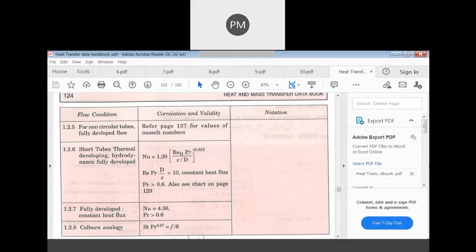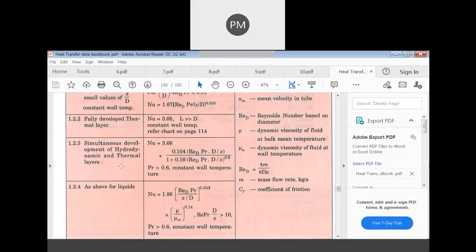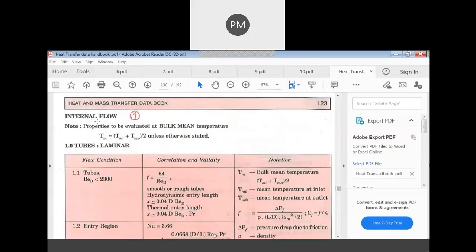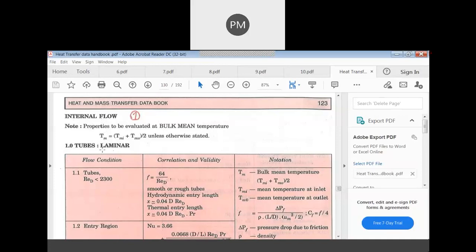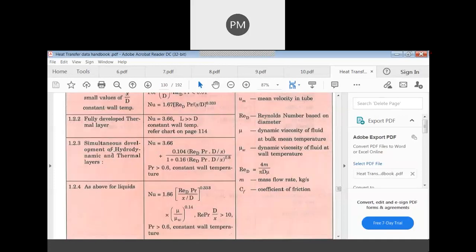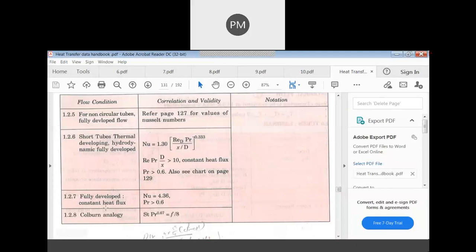For laminar flow, go to internal flow through tubes, then laminar flow. For constant heat flux, you can see the Nusselt number is 4.36, and the Prandtl number is greater than 0.6.